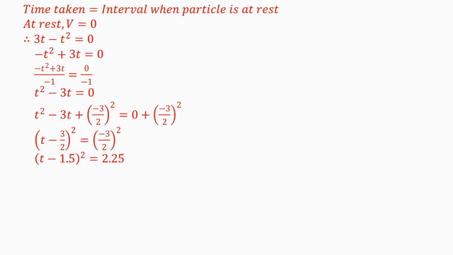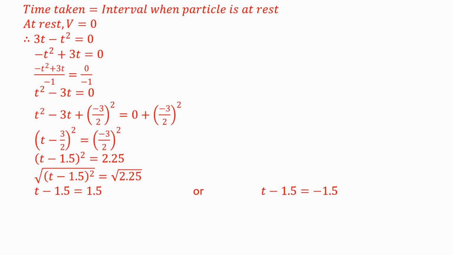Then we find the square root of both sides. We shall have the root of (t minus 1.5) squared is equal to the root of 2.25. So t minus 1.5 is equal to 1.5, or t minus 1.5 is equal to -1.5. Then in both equations, we add 1.5 to both sides.